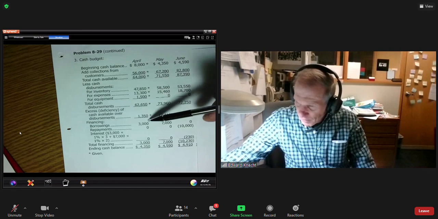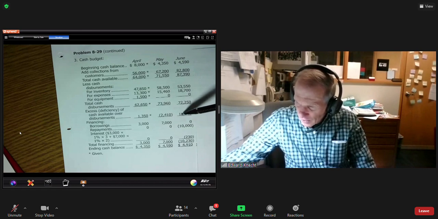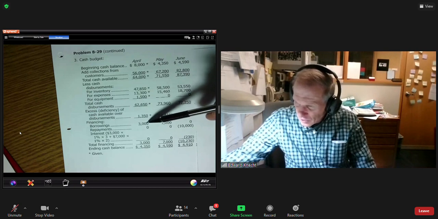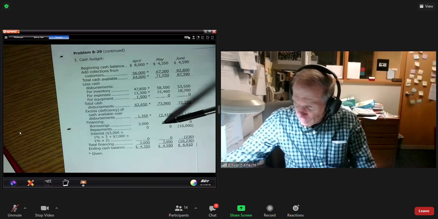Well, we can pay back the 3 and the 7, so that's 10 we can pay back. And we still got enough to pay back the interest. 1% on $3,000 is $300 for the month of April, and also for the month of May and the month of June. That'd be $900.